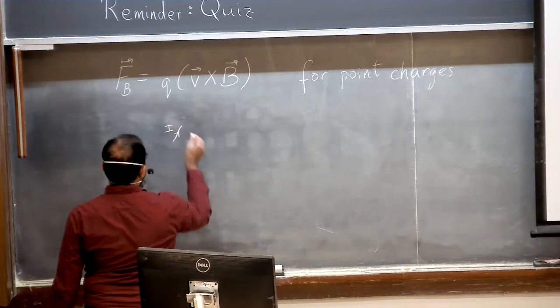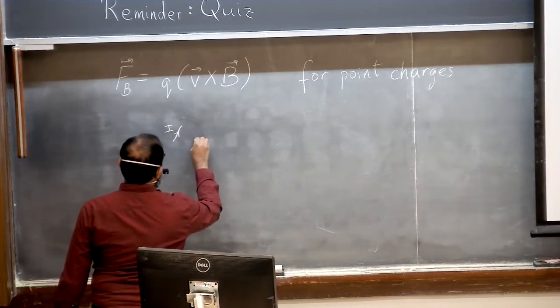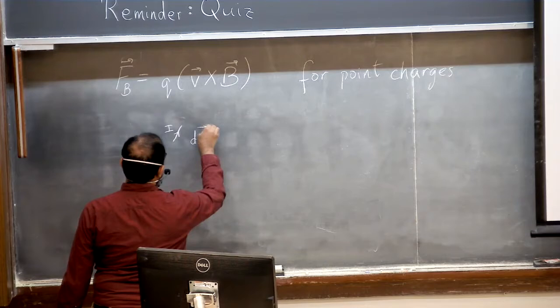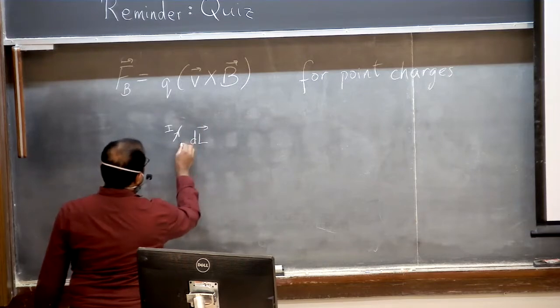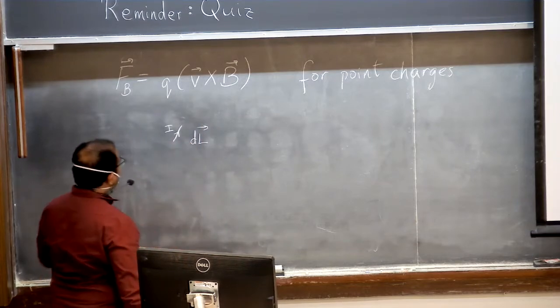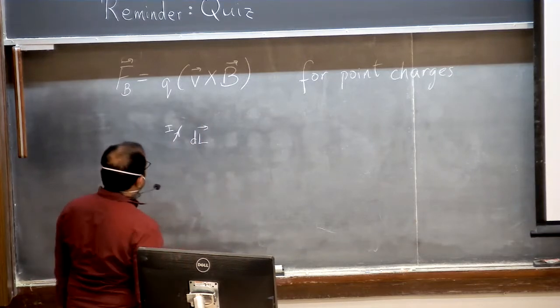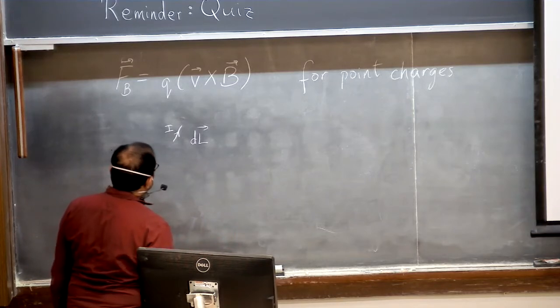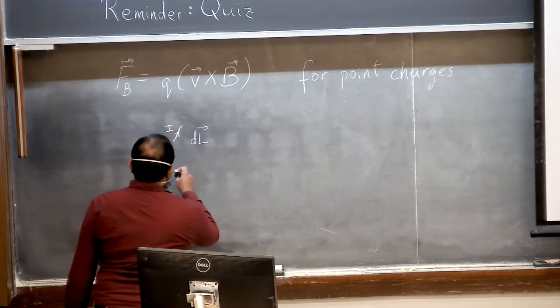It's carrying a current I. It has a length dl. The direction of dl is the direction of the current. And it's placed in some external B field.